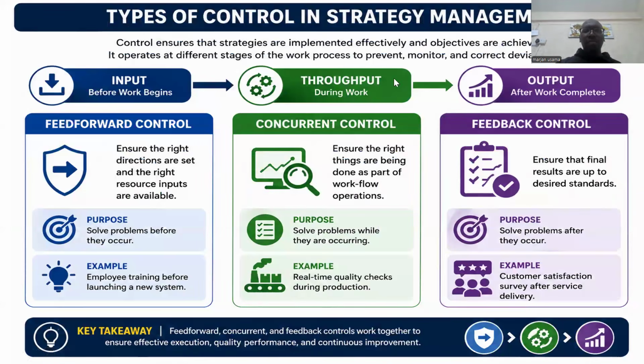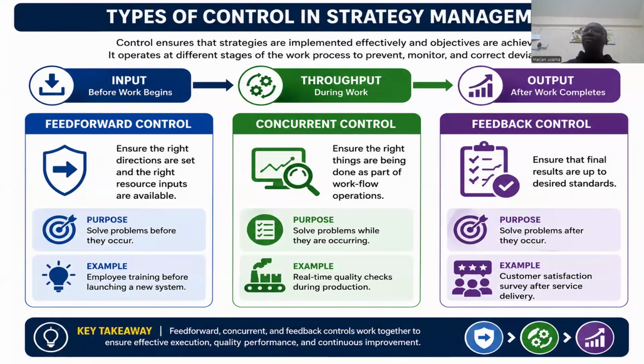Now, this is also very important. Types of control in strategy management. How do we evaluate? How do we do the recovery, the control? So there are 3 types of control in strategic evaluation and control.